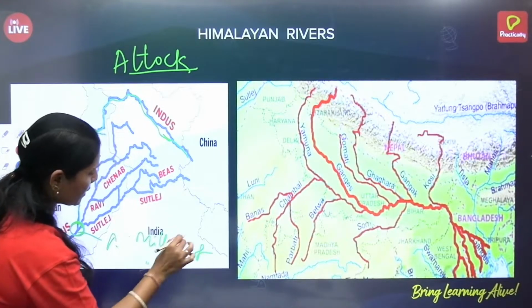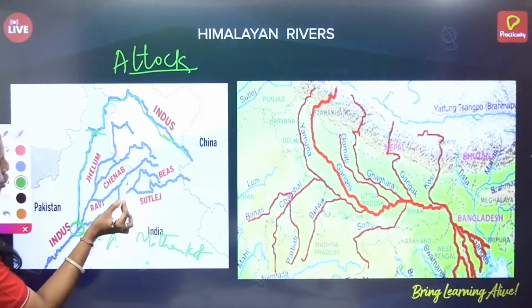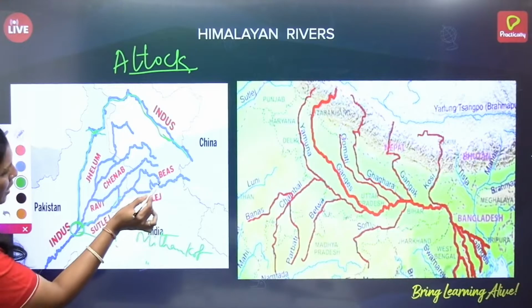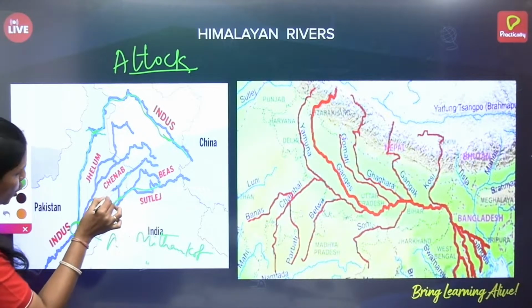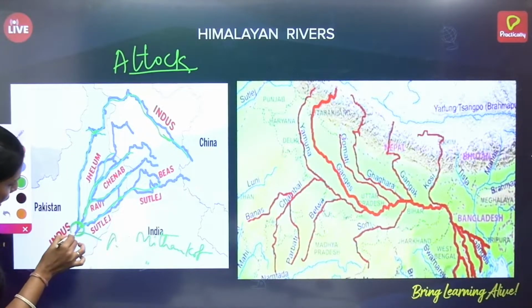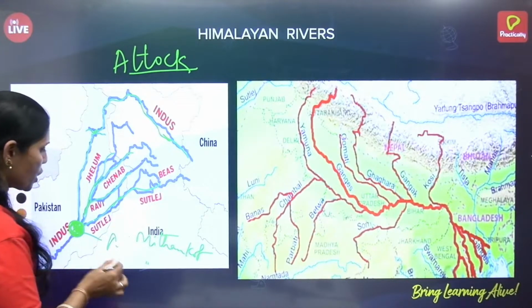Mithankot is a place where the rivers flowing in Punjab, like Satluj, Chenab, Jhelum and Beas, all join with the Indus. They are all joining with the Indus at a place called Mithankot. Okay, this place you need to note down.